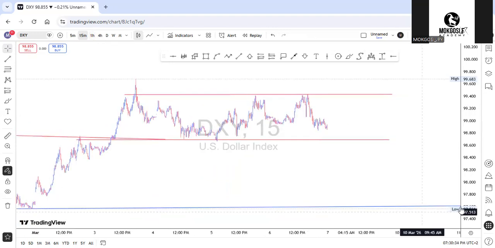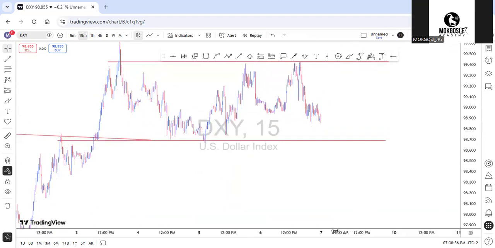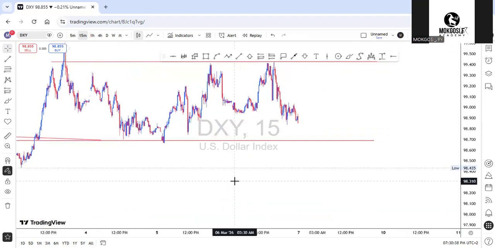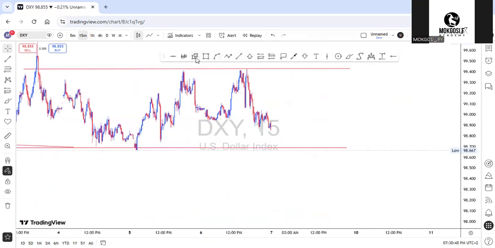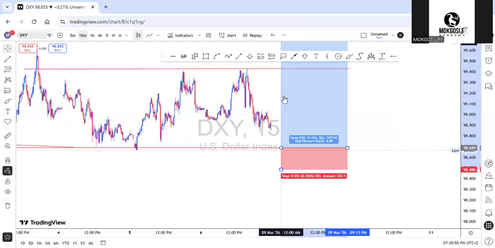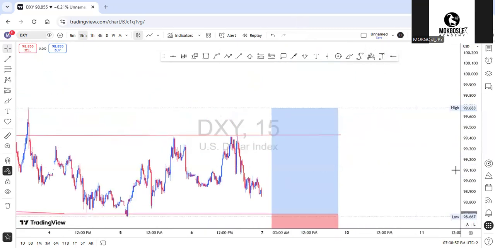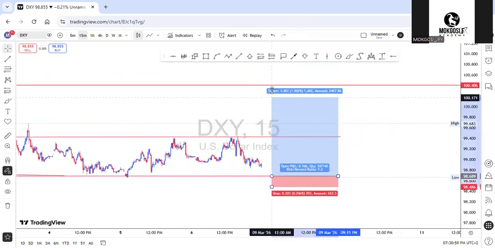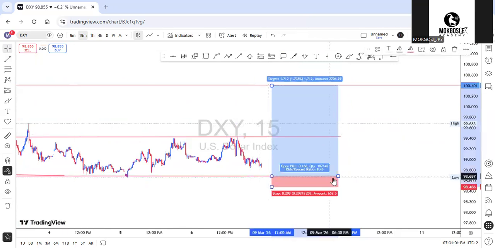Okay, as we are into 15 minutes, there is a structure, or I will say a pattern, in 15 minutes. We are able to take a position here in 15 minutes. So currently our expectation is for the market to reach our support here and push the price to the upside, to this target that we are looking at here.